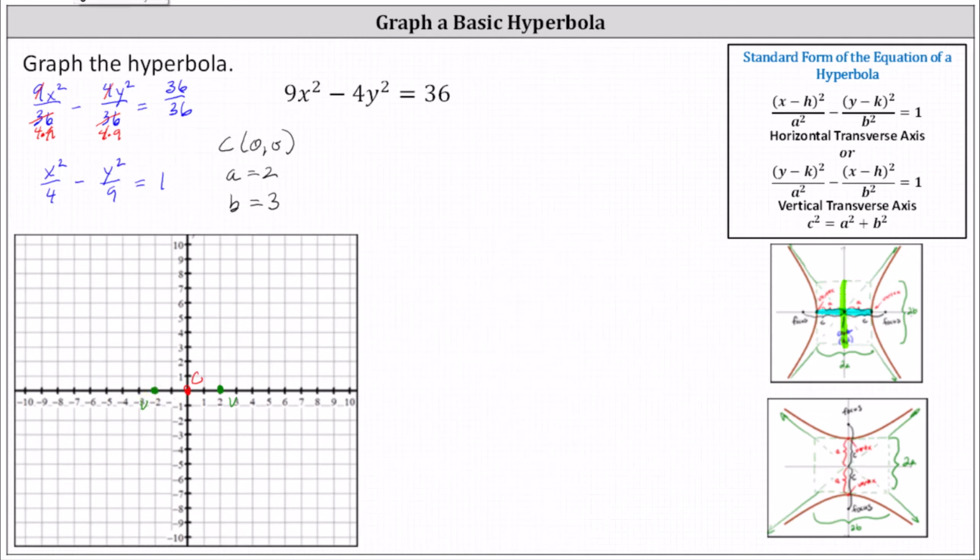So this is the transverse axis. And now we'll sketch the endpoints of the conjugate axis. Because b equals 3, the endpoints of the conjugate axis are 3 units above and below the center, here and here. Again, this is the conjugate axis. And now we'll sketch the rectangle where these 4 points are the midpoints of the 4 sides of the rectangle, which gives us this rectangle here.